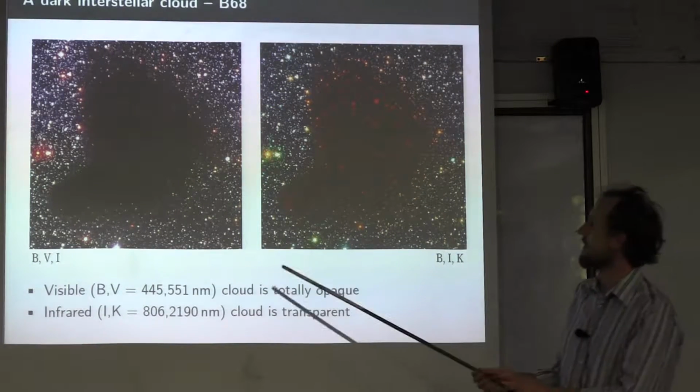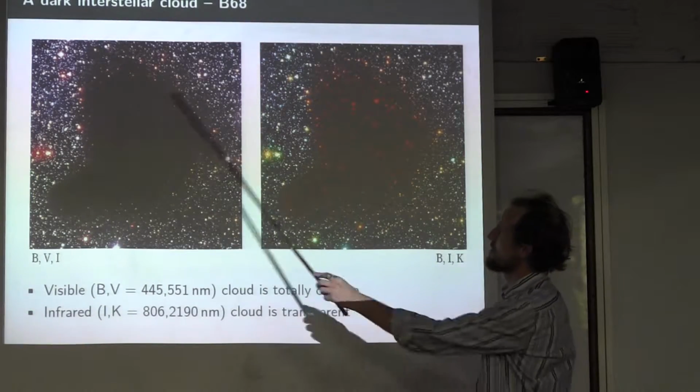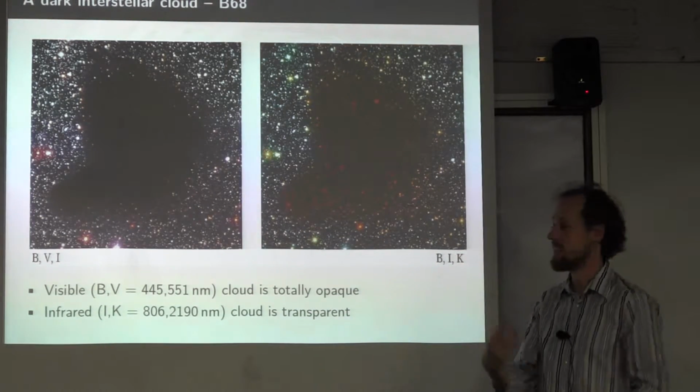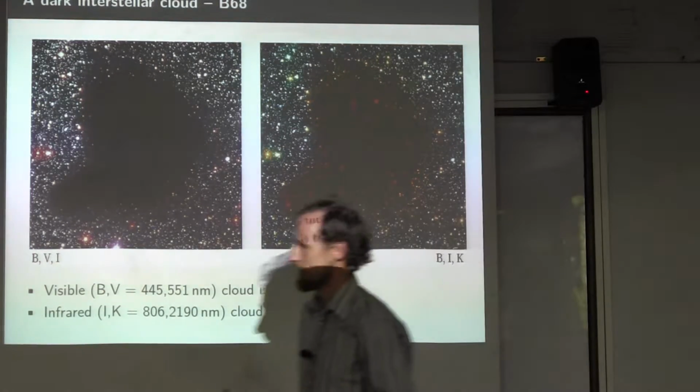I guess I should point out this is a reasonably old photograph actually, and so this is not really a color photograph. Instead, it's measured in 3 different wavelength bands.